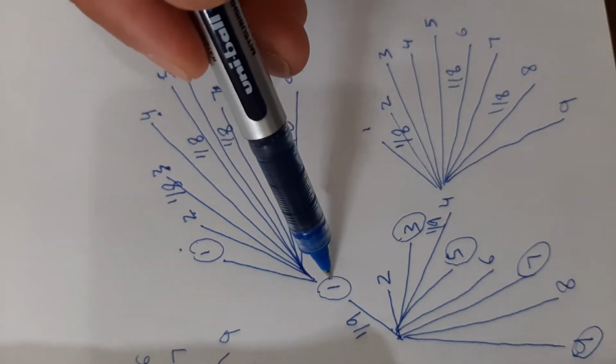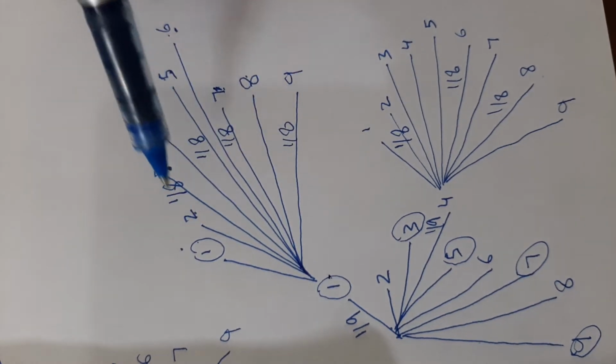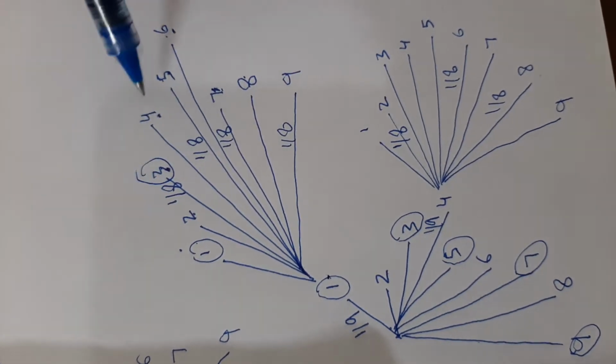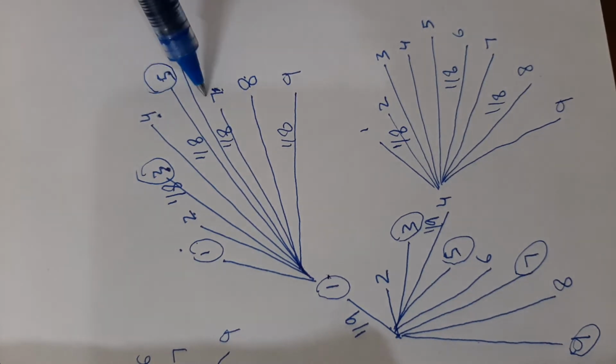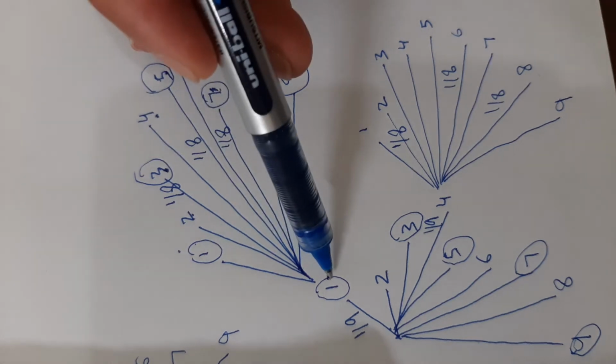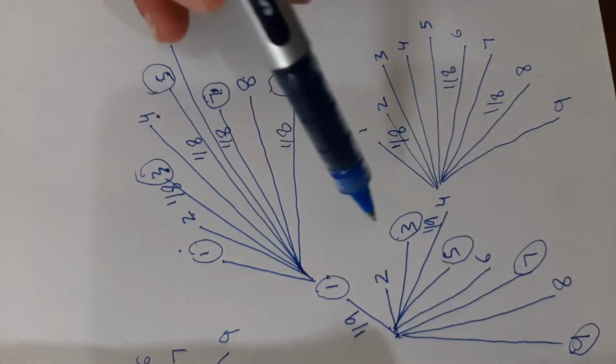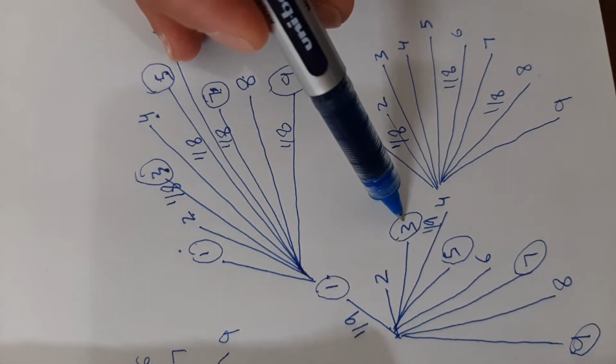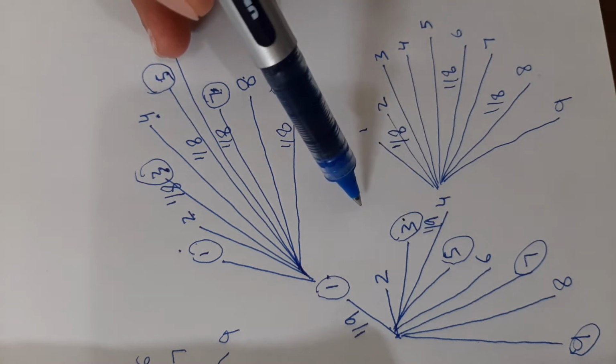So when one diagram having the first number as odd has 5 favorable outcomes in which the second number is also odd, then this 3 also has 5 outcomes in which the second number will also be odd.